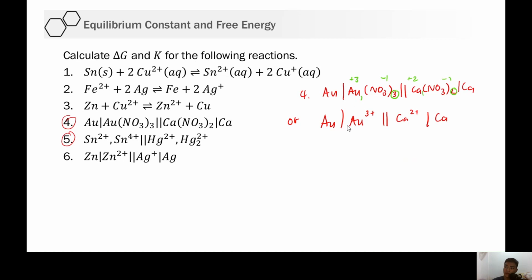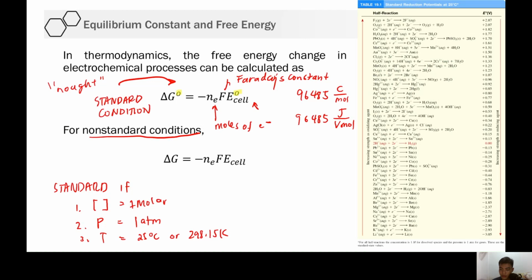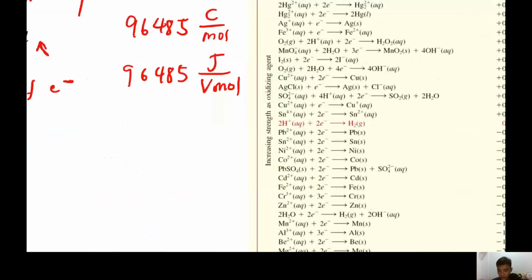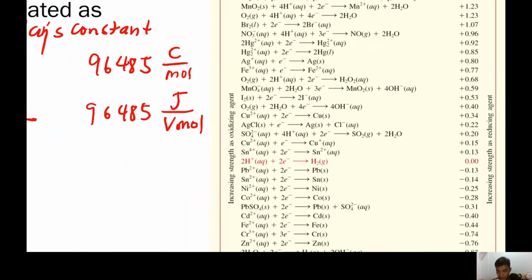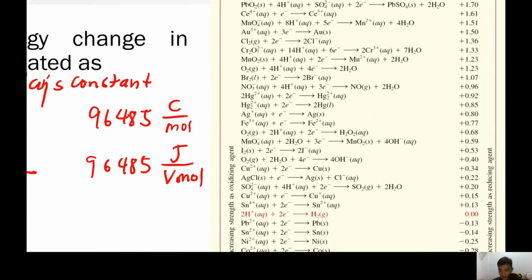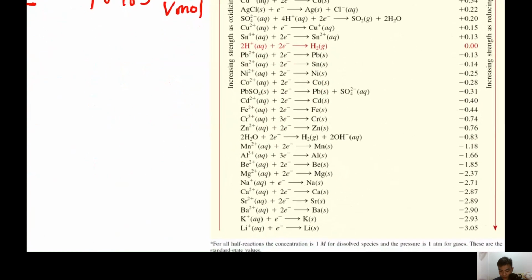Anyway, since we have now identified this is the anode and this is the cathode, we can look up their cell potential. Let me go to the previous slide we had earlier. Let's look for gold, Au.